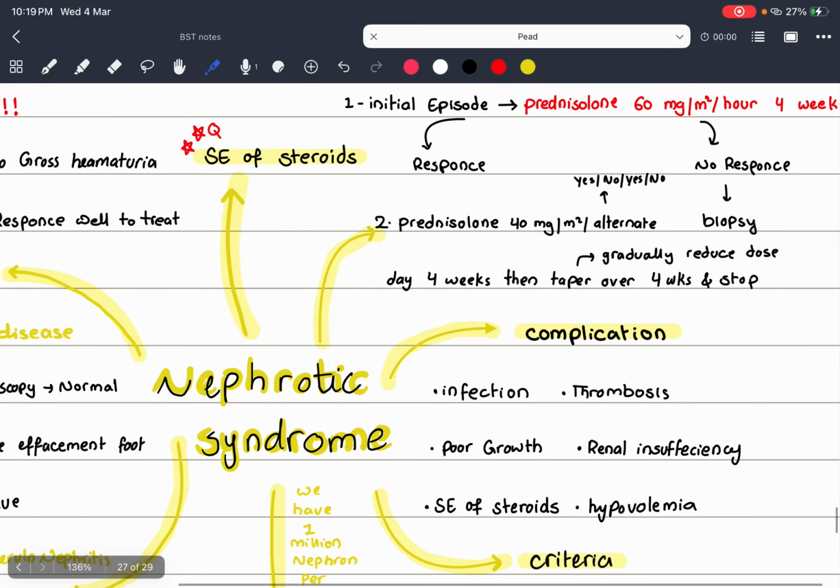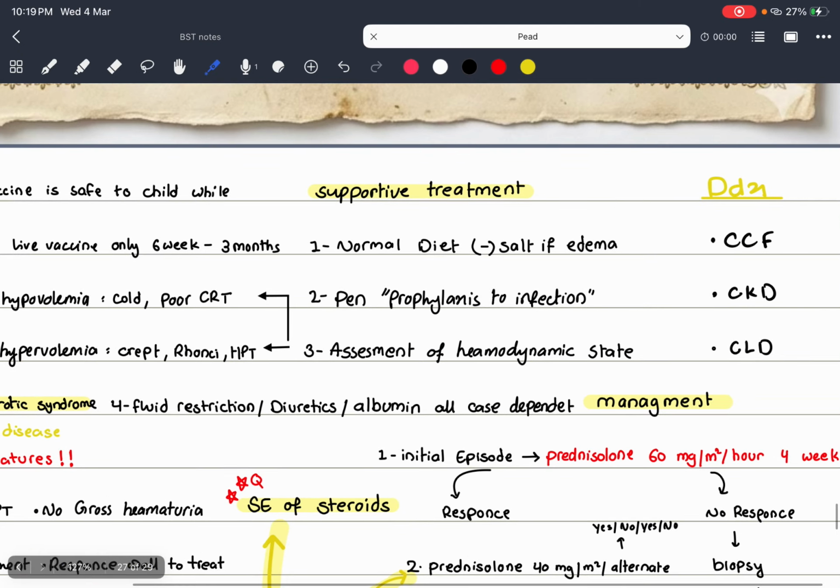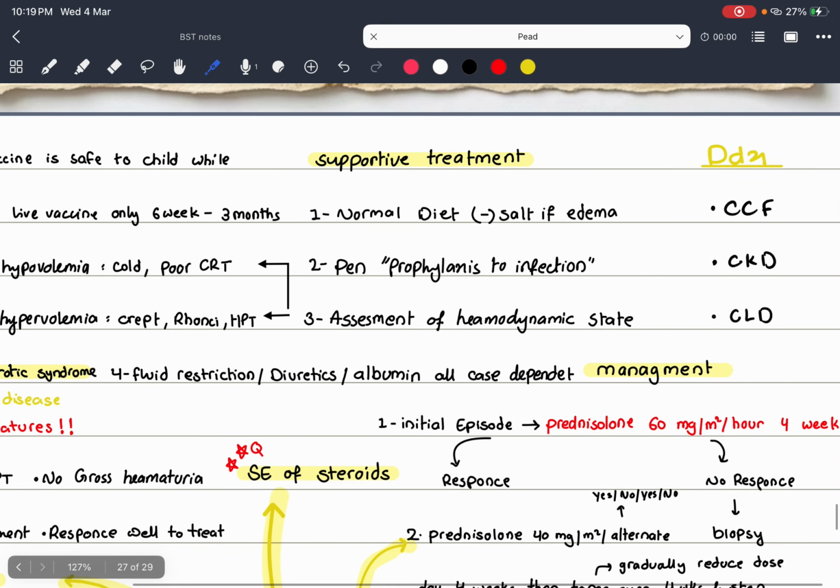After this 8 weeks, this is how I understand it. And then the supportive management. The child will have a normal diet, but you can ask the parents for salt restriction if he has severe edema. Penicillin we only give as prophylaxis if we suspect infection or that it triggered the nephrotic syndrome.